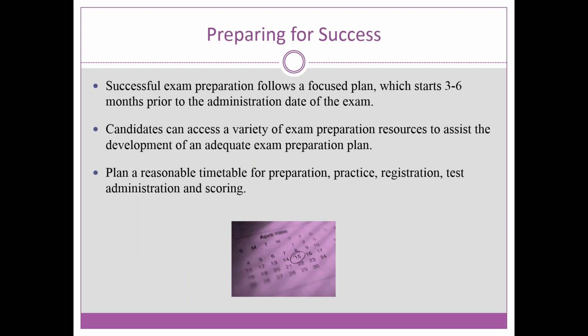I suggest 3 to 6 months prior to the test administration date. And you can access a variety of preparation resources available online and through GCU to help you meet the objectives that are listed on your test framework. And make sure you plan a reasonable timetable for yourself. So allow for preparation, practice, registration, test administration, and scoring.